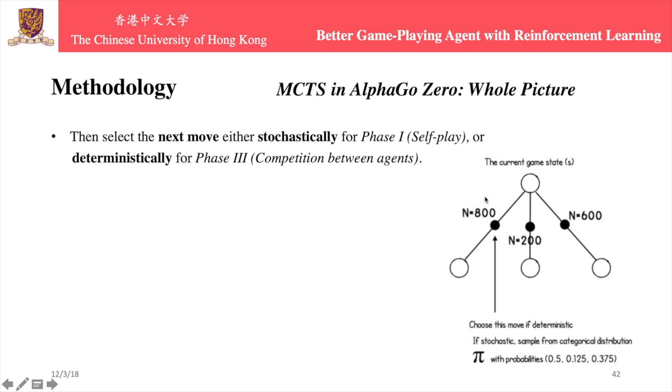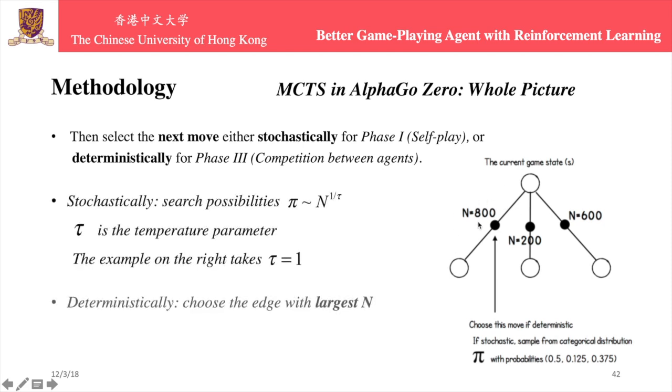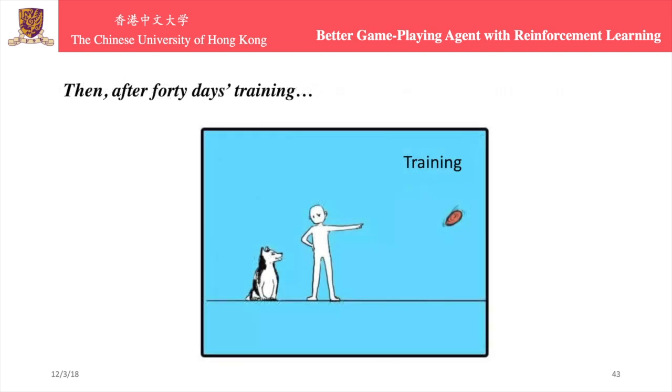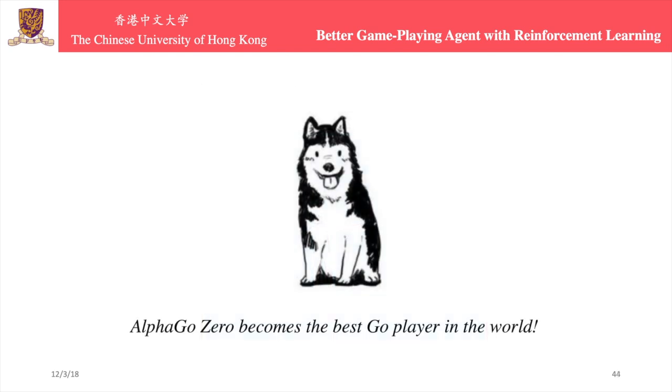If the machine is in phase 1, it will choose the next move following this probability distribution, and if it's in phase 3, it will just choose the largest value. So we know all the secrets about AlphaGo Zero, and after 40 days of training, AlphaGo Zero becomes the best Go player in the world.